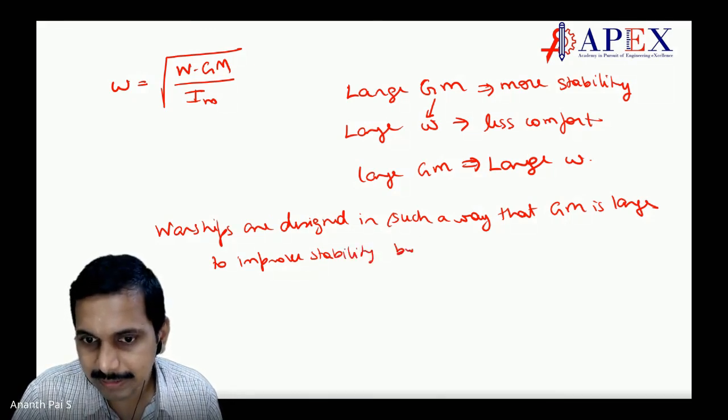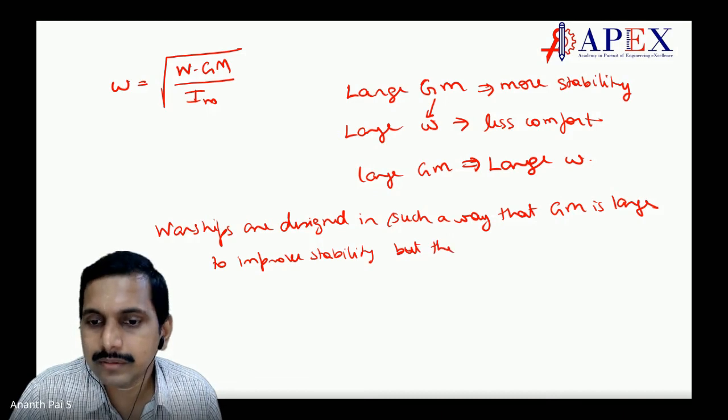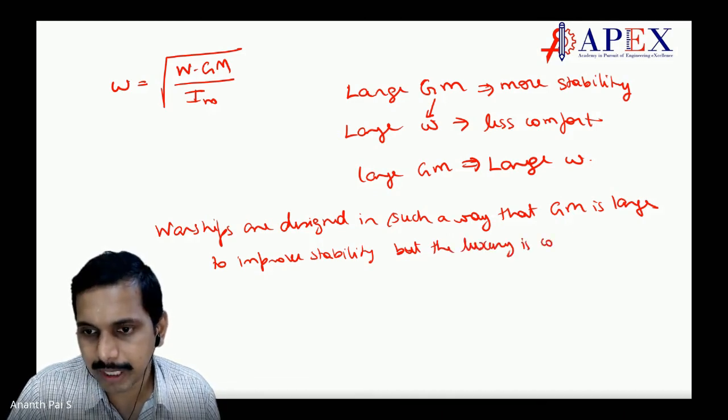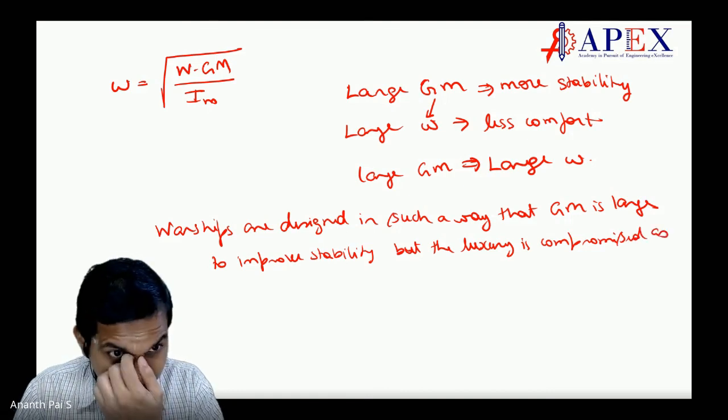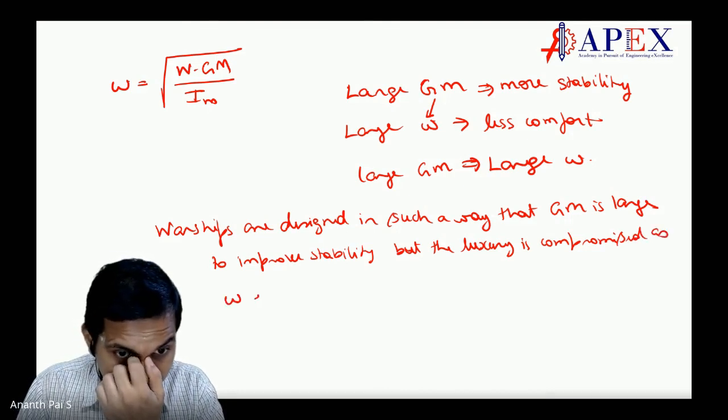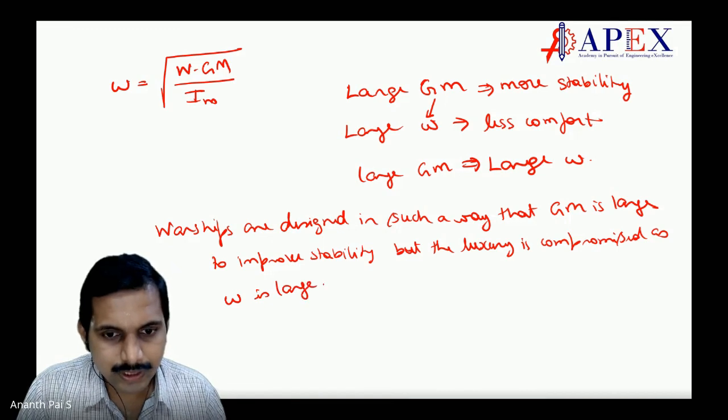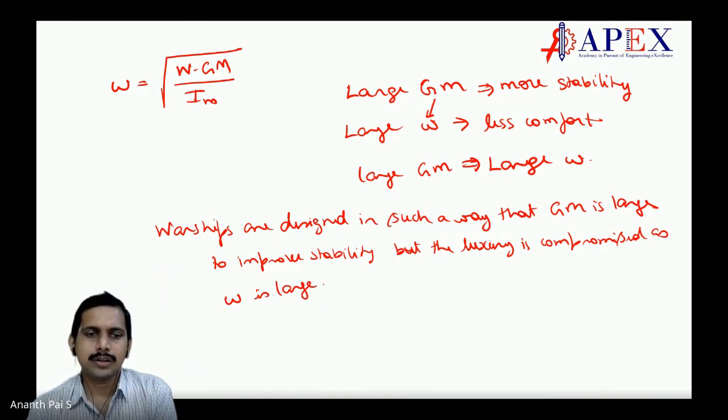But the luxury is compromised, as omega is large. Similarly, omega is the largest for warships, next largest for cargo ships, next largest for cruise ships.